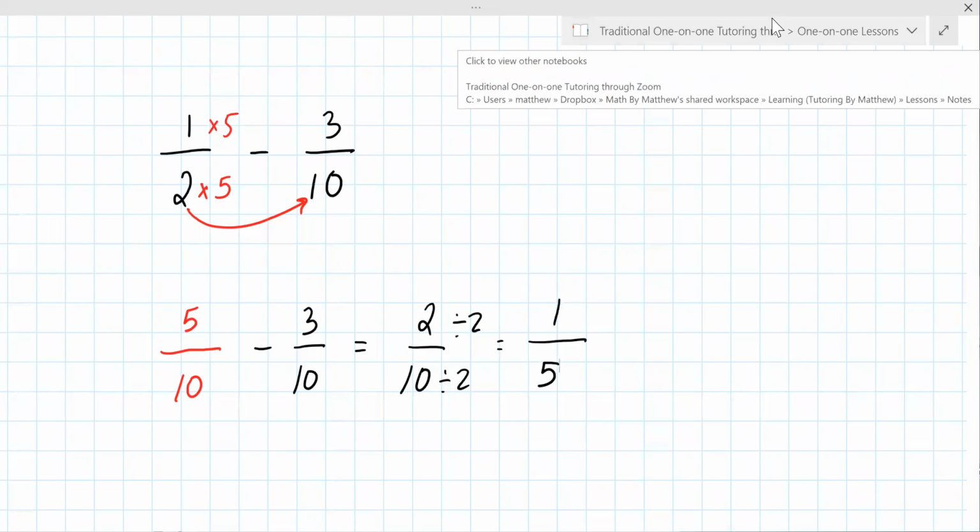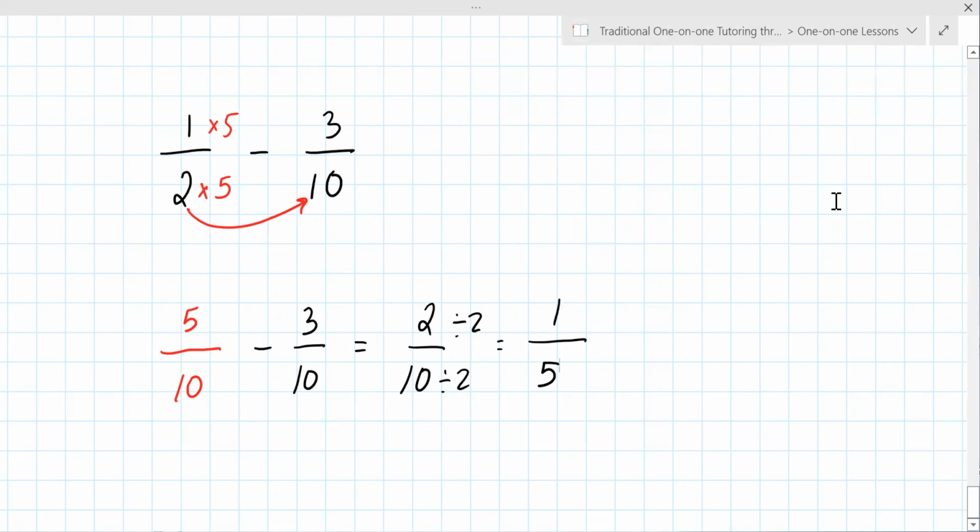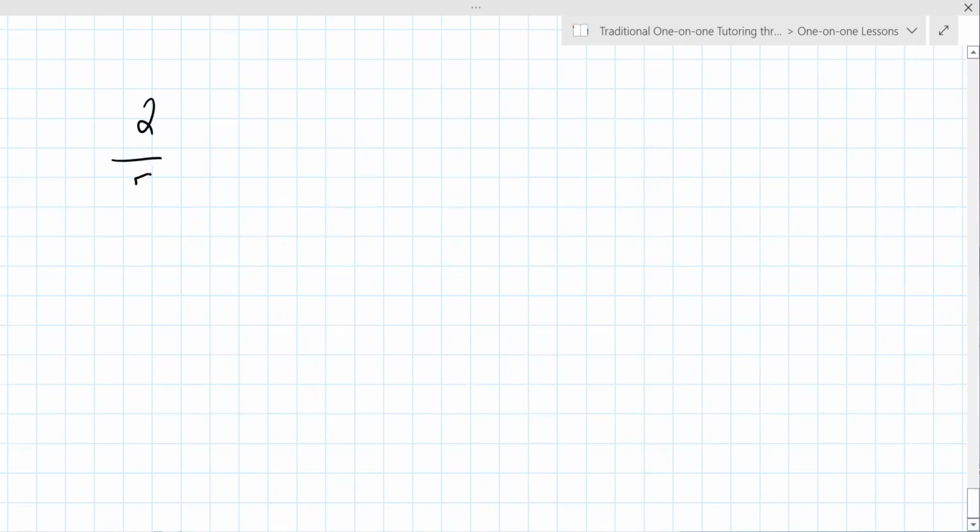Okay, so here, let's try one more. 2/5 minus 1/7. Could you try this one on your own, please?